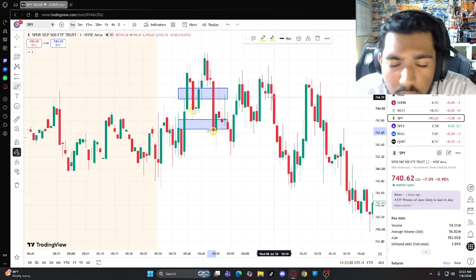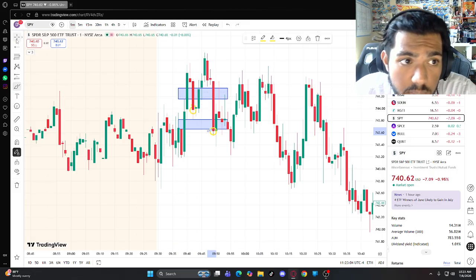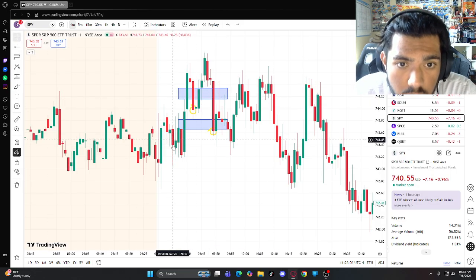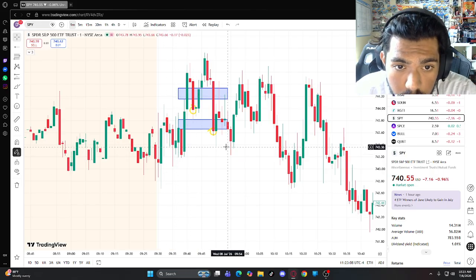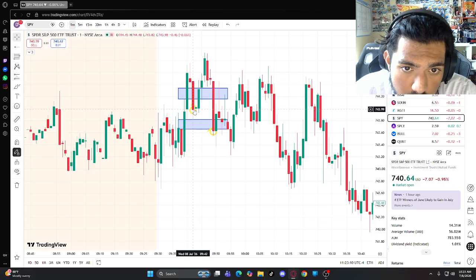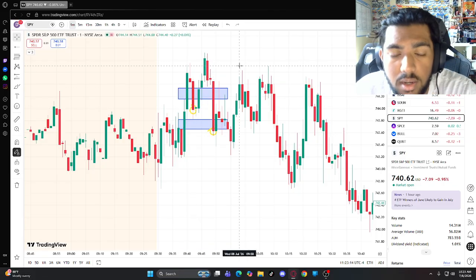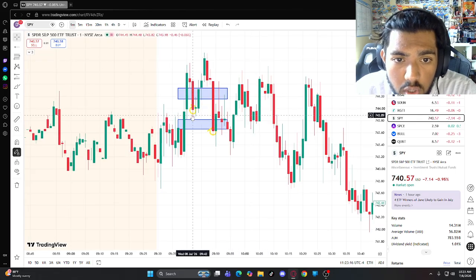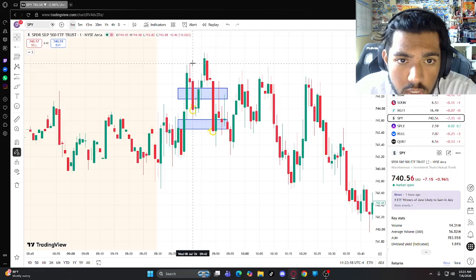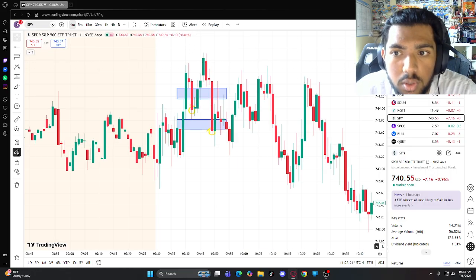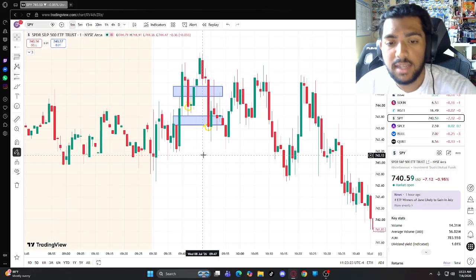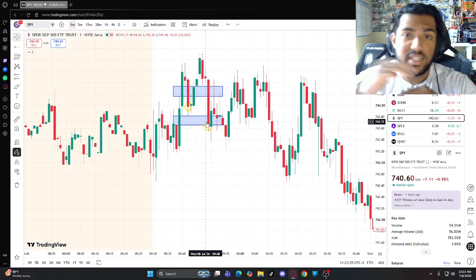Now, this is very key and very important, and I want you guys to pay attention to this. Notice how we inverse this one and continue to move up out of it. Now, should we have shorted right here and put stop loss right there and get stopped out? No. You know why? Because like I said, these are fair value gaps that are stacked up.